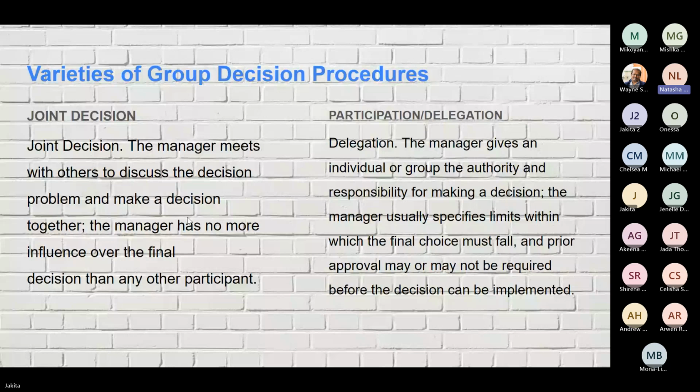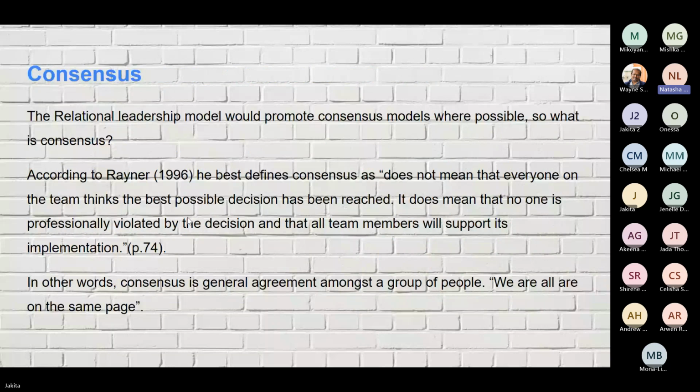In that part of our group decision-making aspect of the chapter, we learn about consensus. The relational leadership model would promote consensus models where possible. So what exactly is consensus? According to Rayner, he best describes consensus as: it does not mean that everyone on the team thinks the best possible decision has been reached.